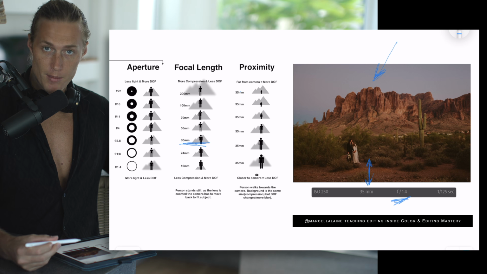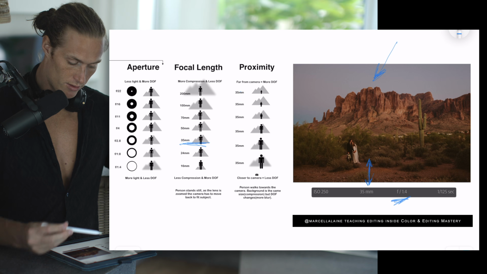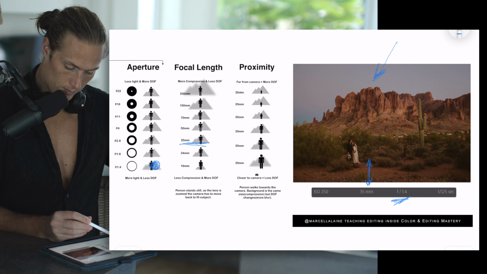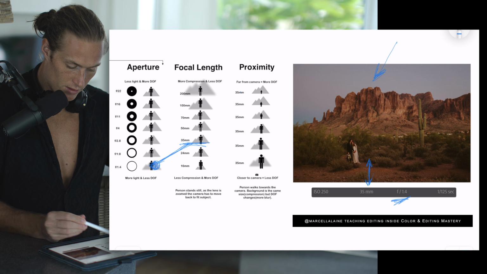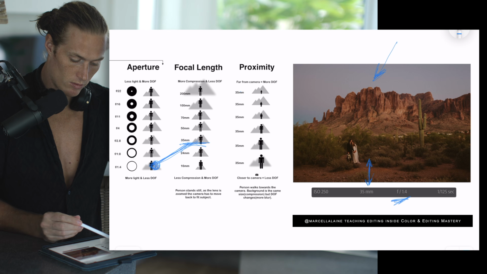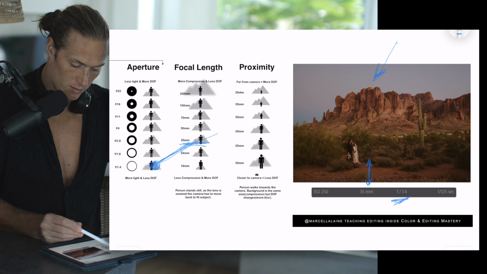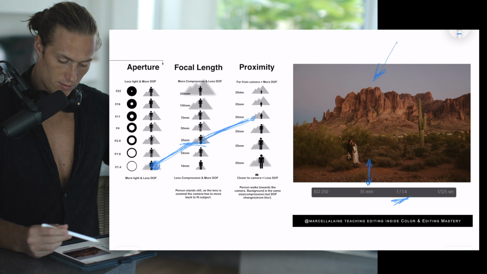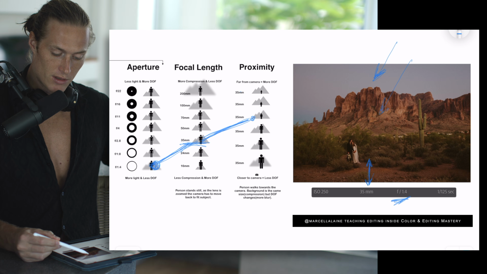There isn't that much blur, so we've got a bit of this effect, and then we are kind of up here as well. So that leaves us with a nice softness to the background.